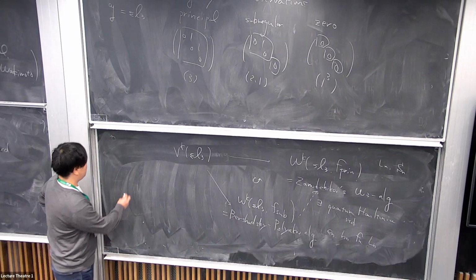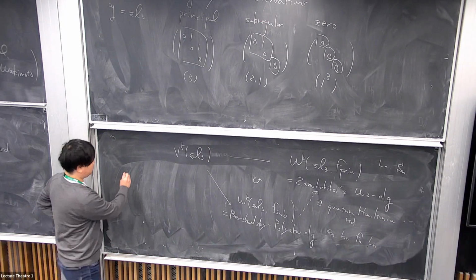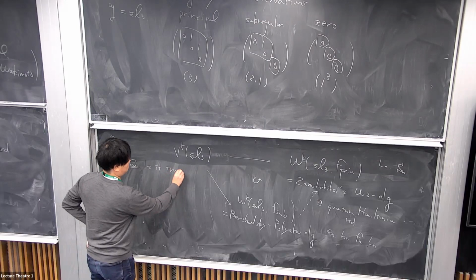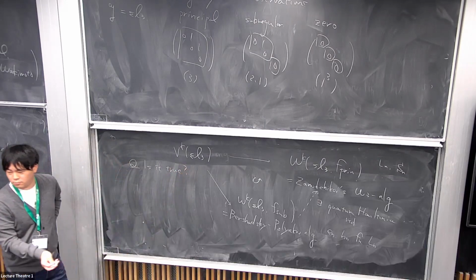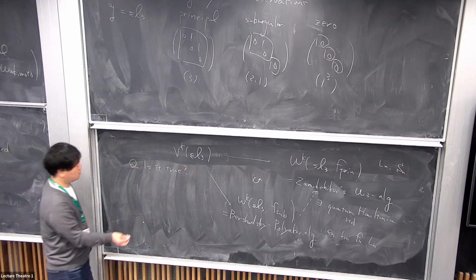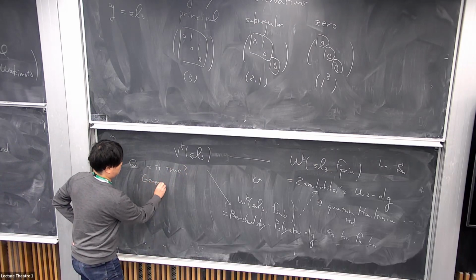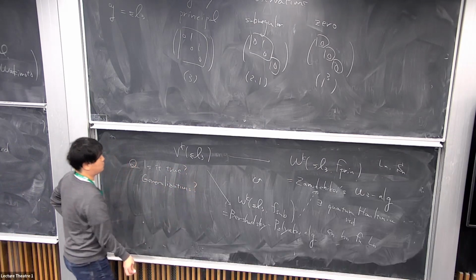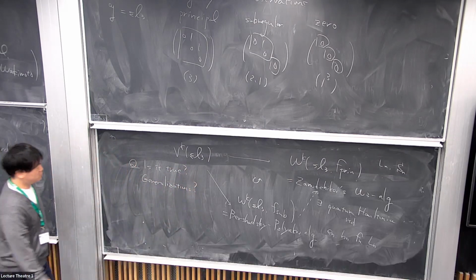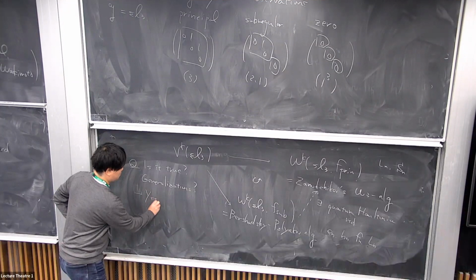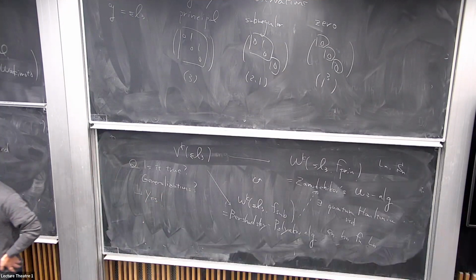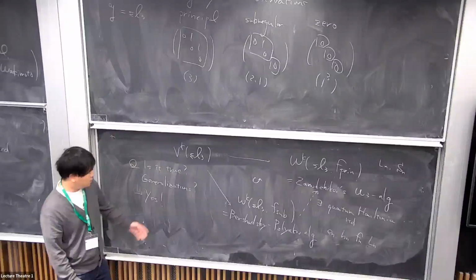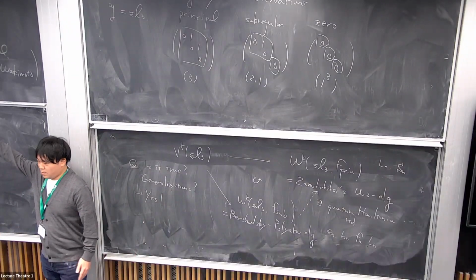So the paper is a physics paper, and we need to check whether this is true or not. And if it's true, we want to think about a generalization of it. Of course, the paper is very nice, and the question is how to find a generalization of this statement. In fact, our idea of generalization is using reduction by stages.